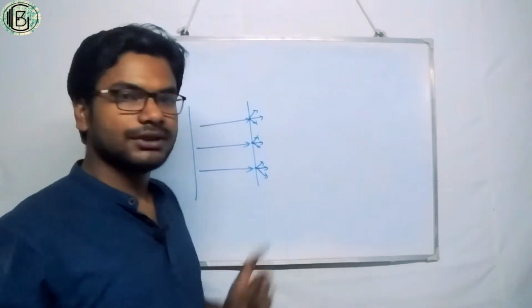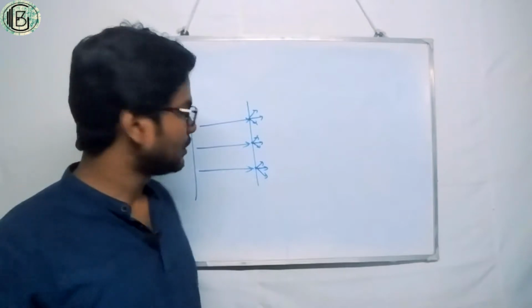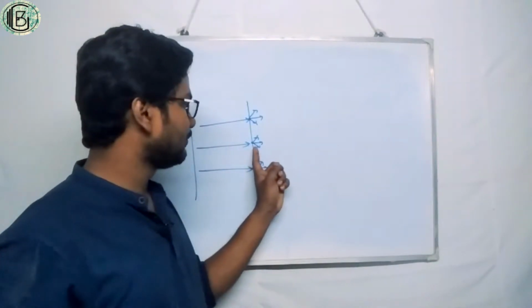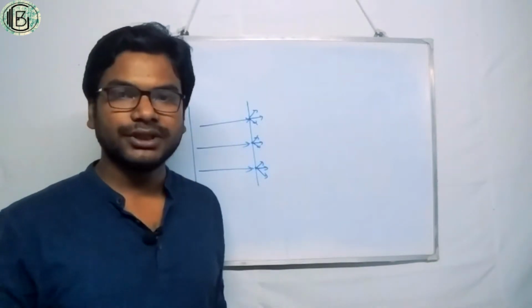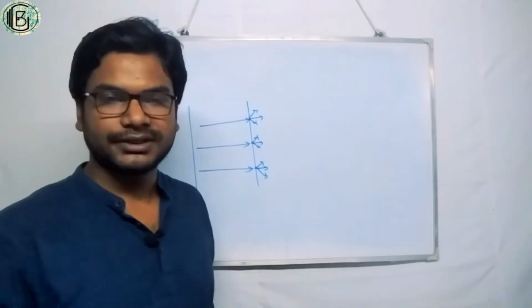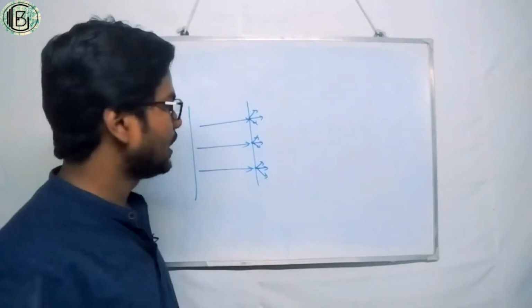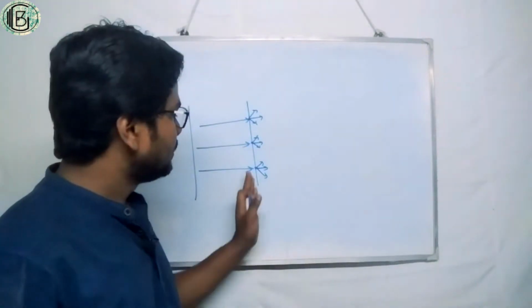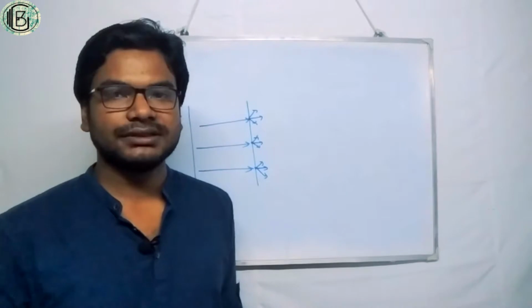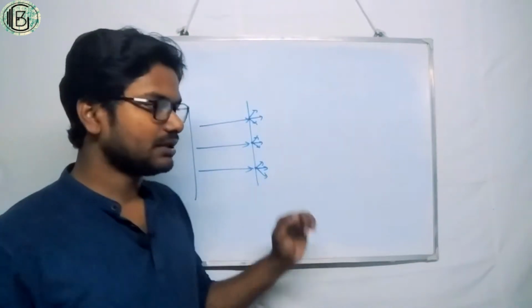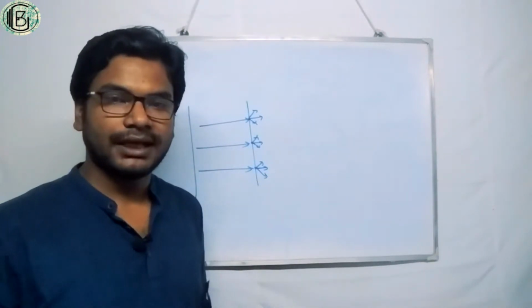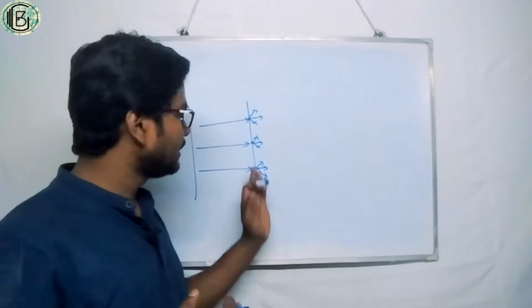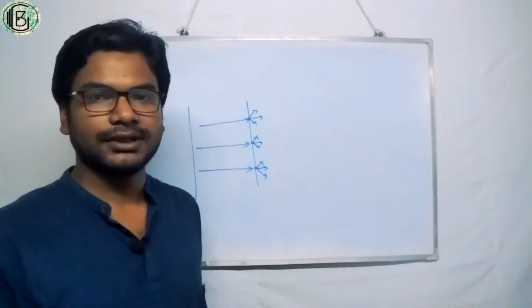This is a wavelet. This is another wavelet. This is another wavelet. So there could be an infinite number of wavelets, and these points can be considered to be secondary sources of light, and these lights are actually called wavelets.